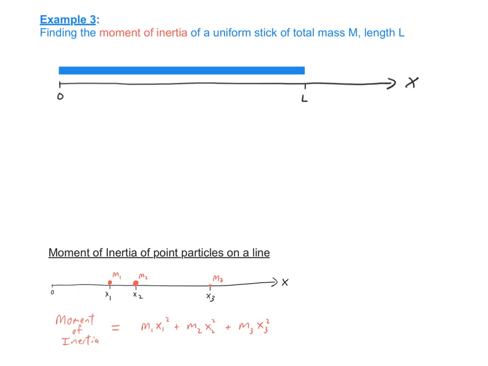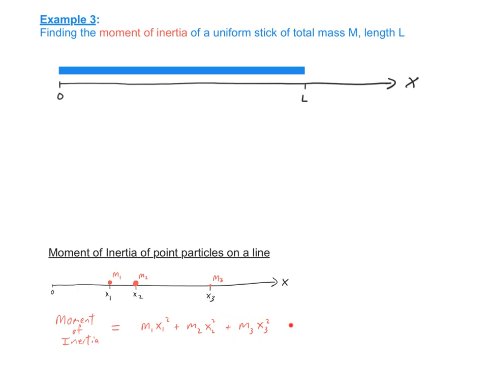I'm going to define the moment of inertia of this collection of particles about the origin to be the following. You take the first mass and multiply it by its horizontal position squared. And then you add the second mass times its horizontal position squared, plus the third mass times its horizontal position squared. And if you had more masses, you would just continue this formula. For example, plus m4 x4 squared, and so on.